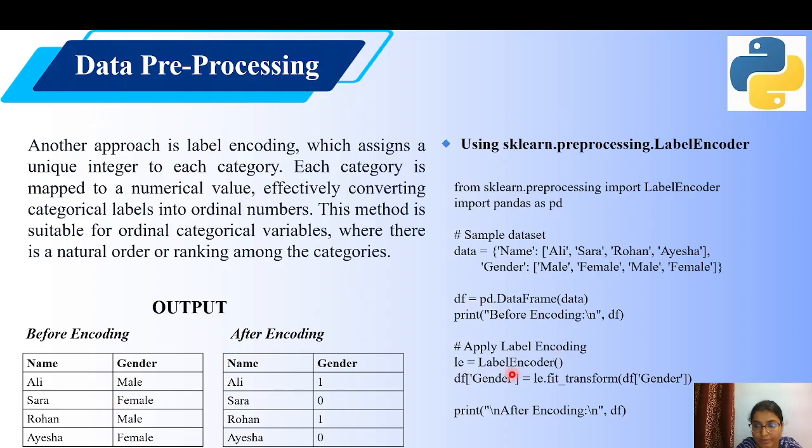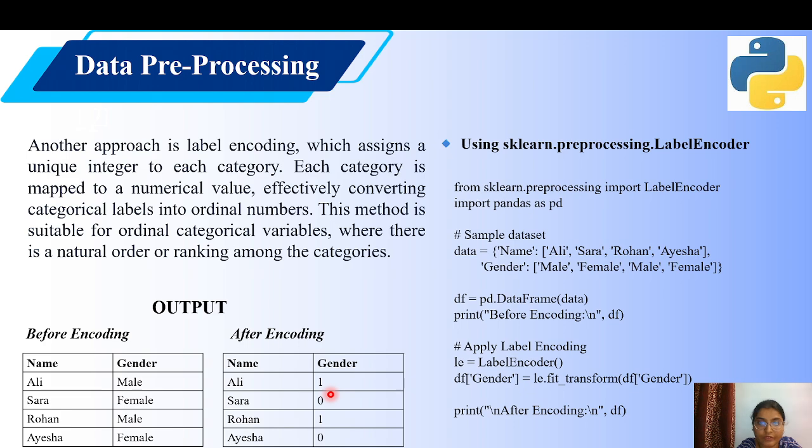We apply label encoding here with LabelEncoder. It assigns the values 0 and 1 alphabetically, because female starts with F and male starts with M, and of course F comes before M. So F is assigned 0, and M is assigned 1.